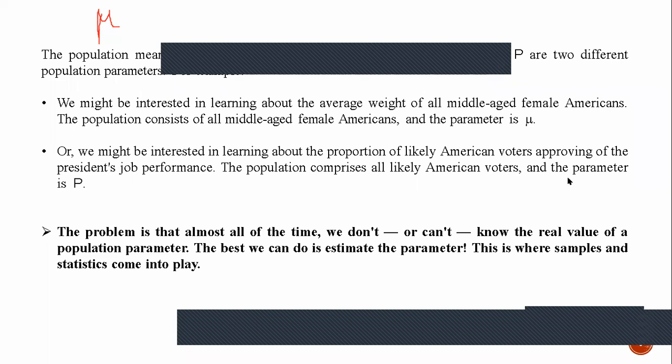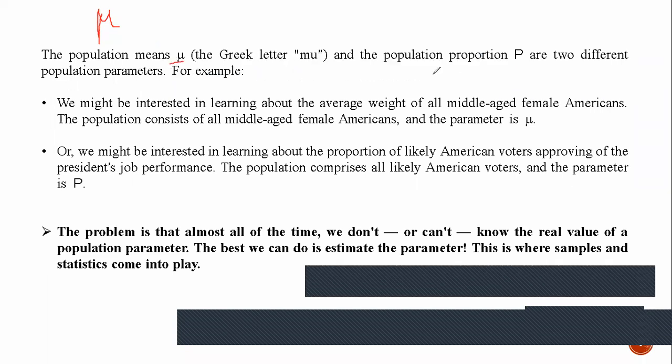And the population proportion is capital P. These are the two symbols of parameters. So the two parameters are the population mean as well as the population proportion.